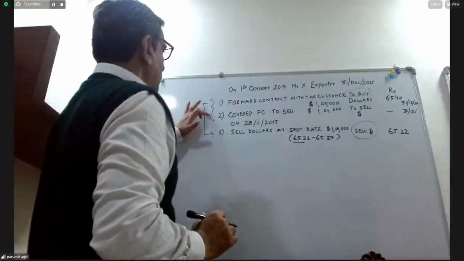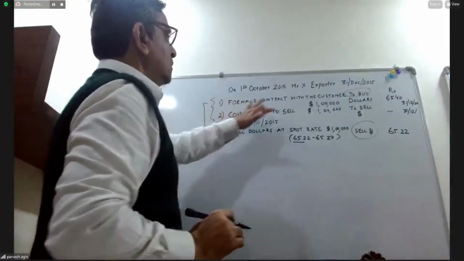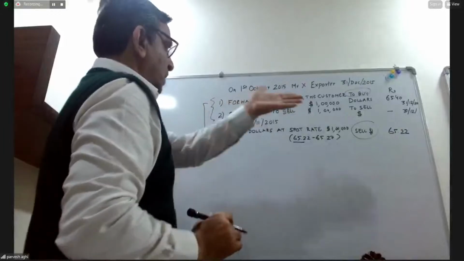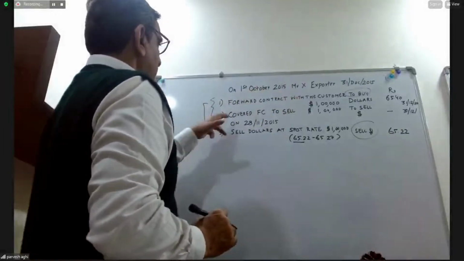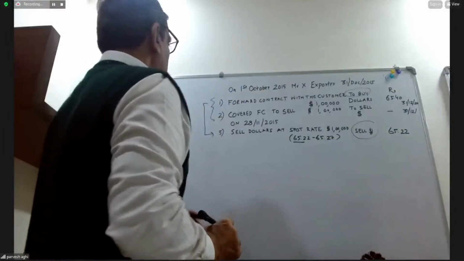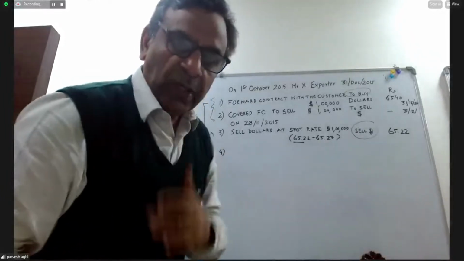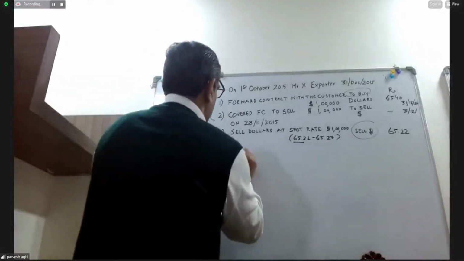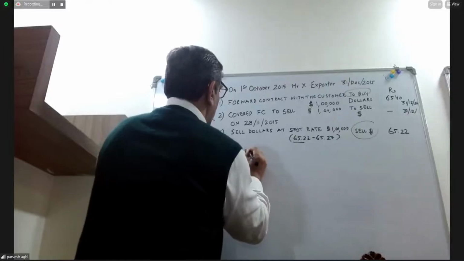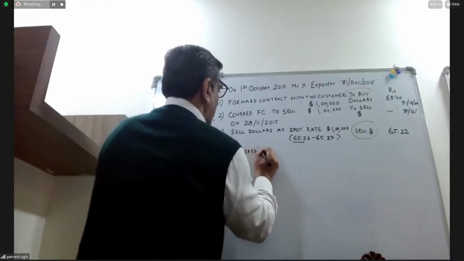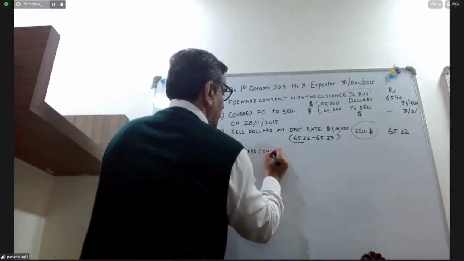But they have one more contract, which is the forward contract to sell dollars. They have already sold in the forward market, so they need to close this as well. So they're going to have another contract where they close this transaction. See, this covered contract needs to be closed.